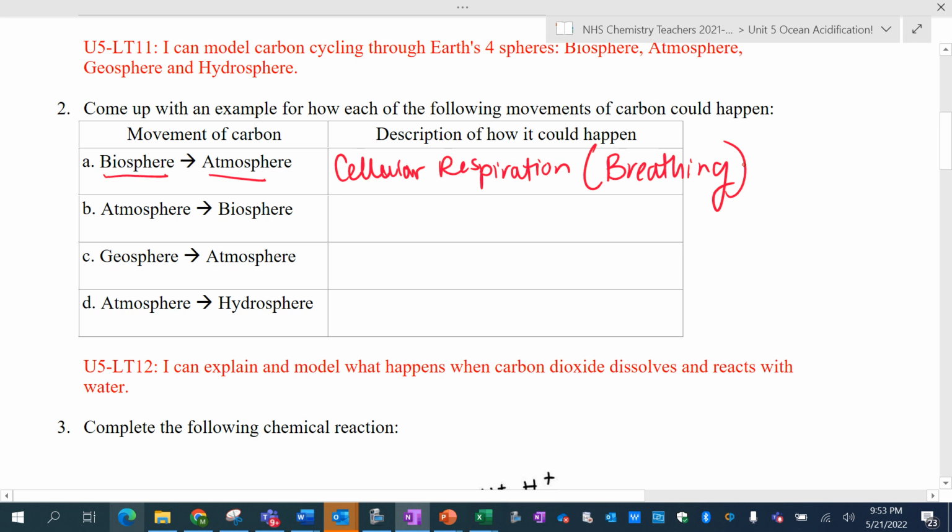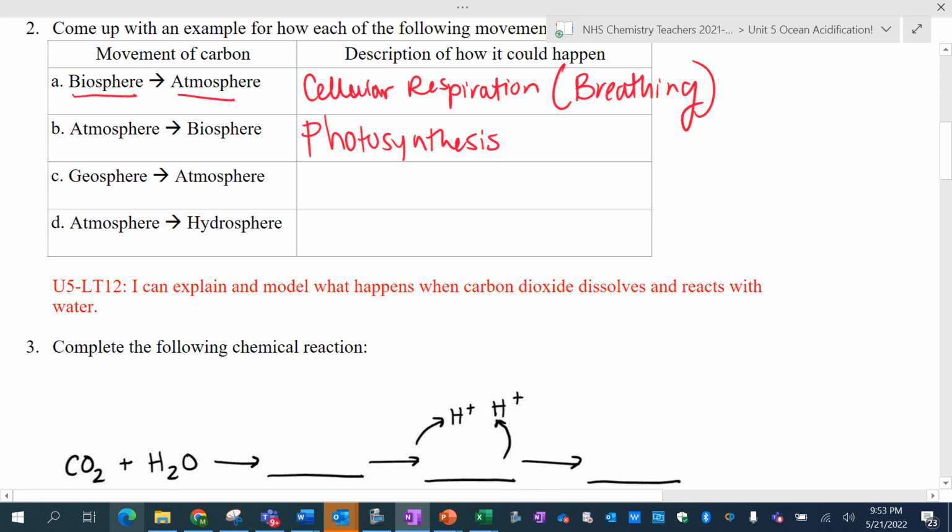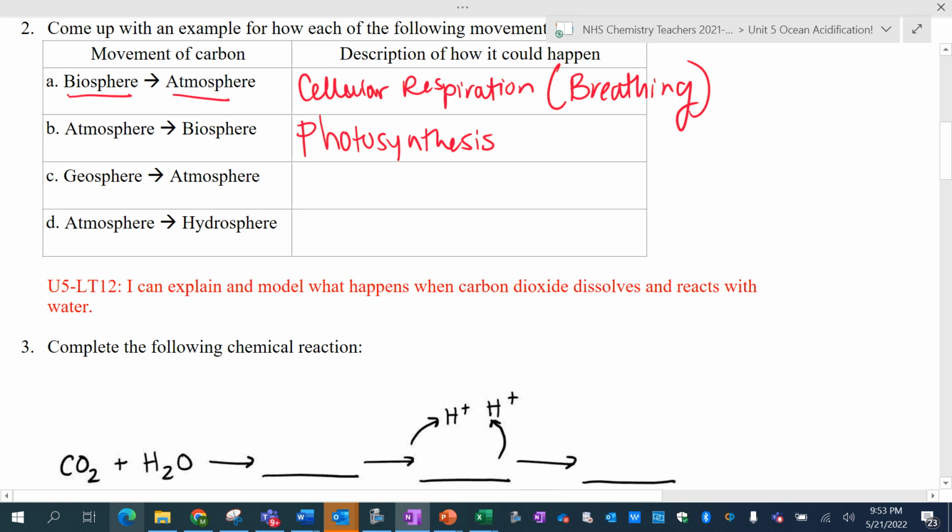How could something move from the atmosphere to the biosphere? Well, that would be the process of photosynthesis. So plants take in carbon from the atmosphere to add to grow themselves to grow.